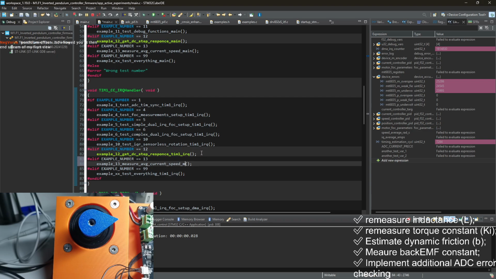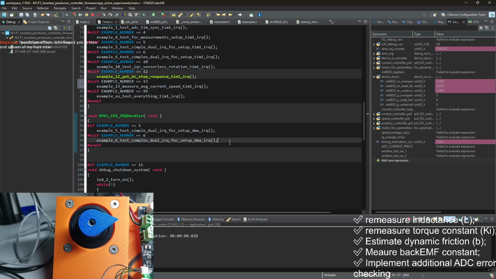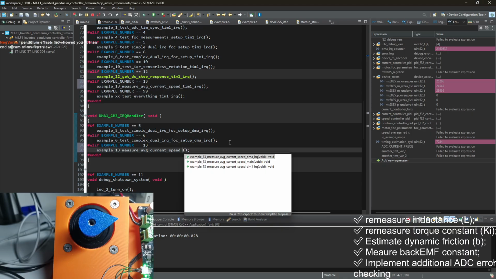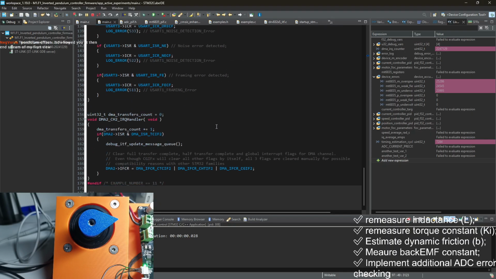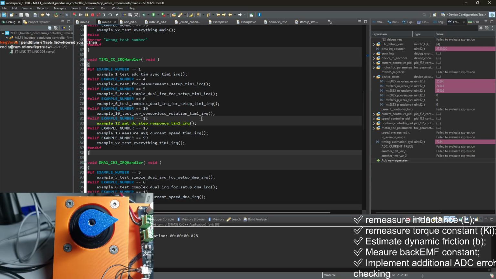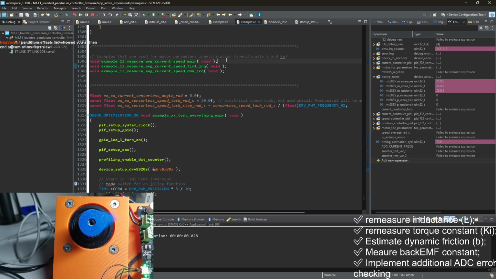Just proper time IRQ. And the same thing here. Average current speed. Main. And this will be DMA IRQ. Okay. This is not important for now. And now let's go and implement the thing.